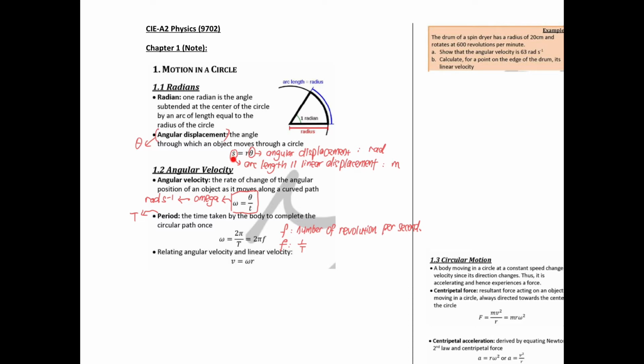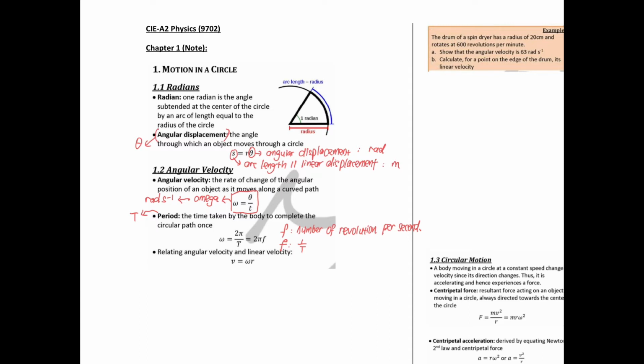And likewise, when you have this omega, which is angular velocity, you multiply with r to get the linear form. So the angular velocity multiplied with r, then you will get the linear velocity. So V equal to R omega.